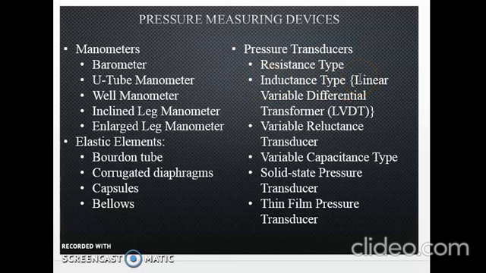LVDT stands for linear variable differential transformer. Next is the variable reluctance transducer. Another type is the variable capacitance type of pressure transducer. Next one is the solid state pressure transducer, and last one is the thin film pressure transducer. So these are some different pressure measuring devices and transducers that we can use for pressure measurements.